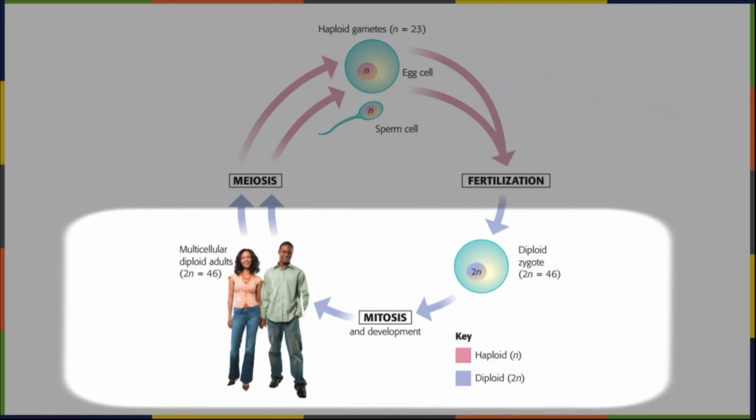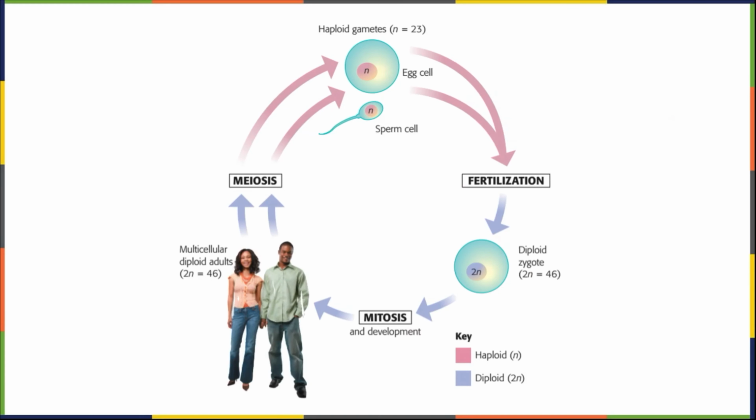So throughout our lives, we're growing and we're developing using mitosis, which just duplicates our genetic information and duplicates the cell structures. It's only when we are preparing to reproduce that we undergo meiosis.